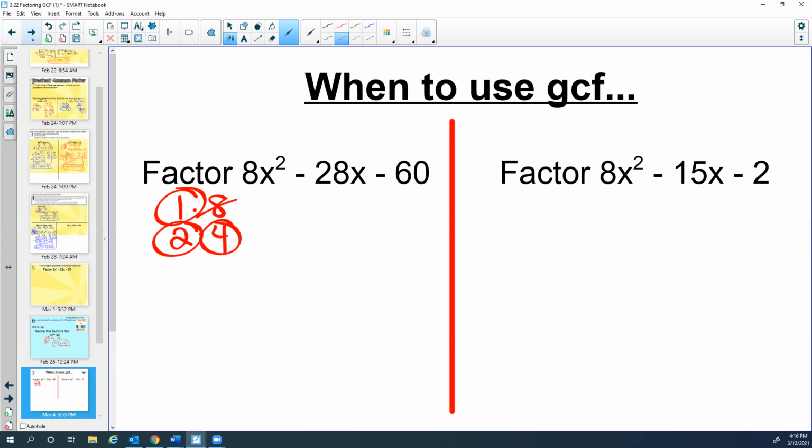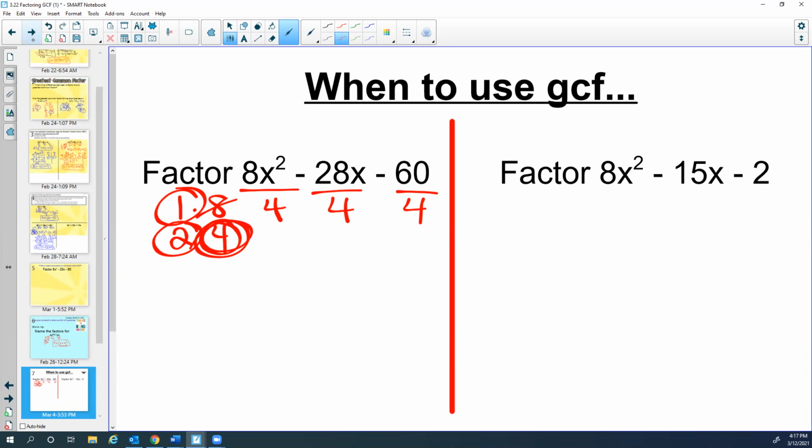All right, so next what we want to check to see is 60. Does 60 have any of those 3 factors? So in my calculator, I'll do 60 divided by 4 to start, and 4 times 15 equals 60, so 4 is my greatest common factor. 4 can be divided out of all 3 of these.